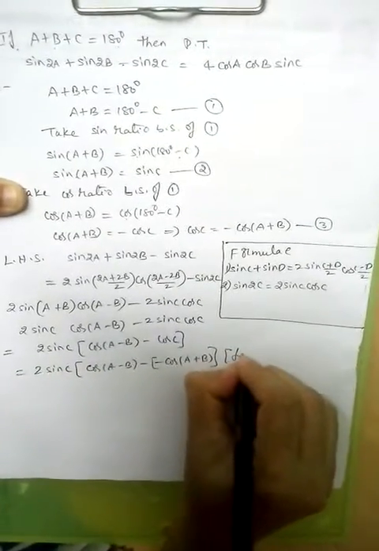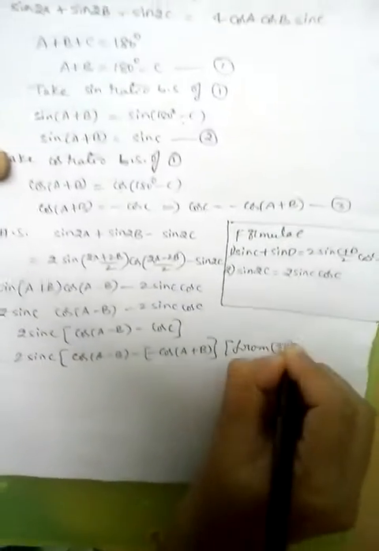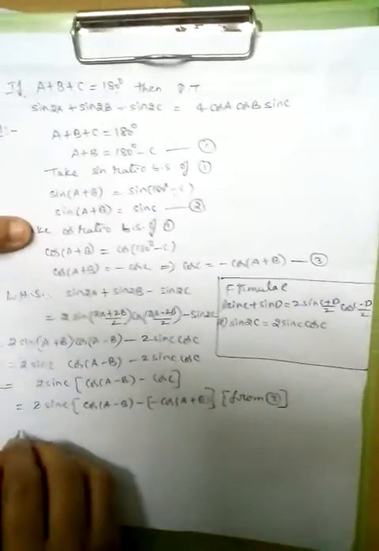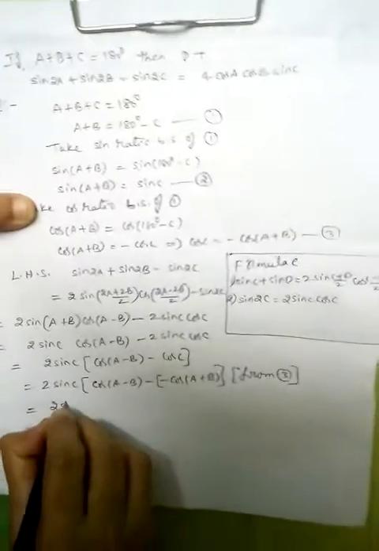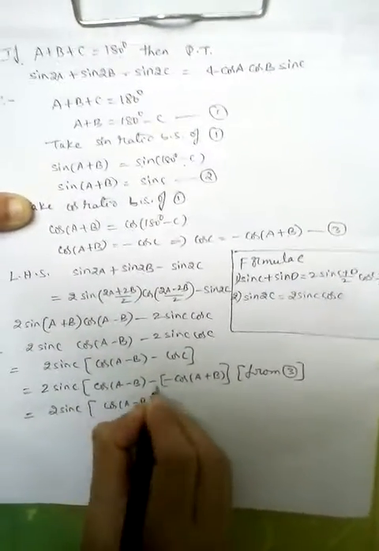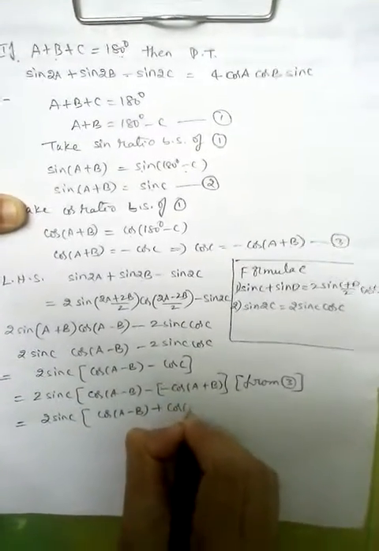This is from 3 and this is from 2. Now which is equal to 2 sin c cos (a minus b), minus into minus plus, cos (a plus b).